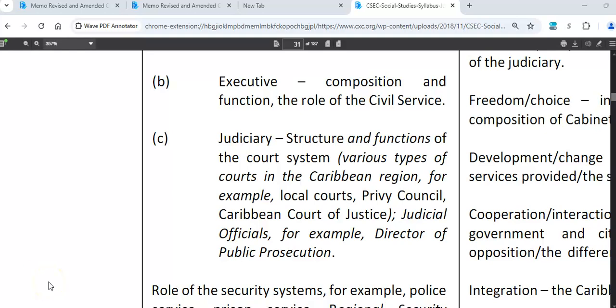So the judiciary system is composed of the various types of courts in the Caribbean region. For example, the local courts, the Privy Council, the magistrate court, the Caribbean Court of Justice, and all the other courts that you can think about, they are a part of the judiciary branch of government. The syllabus is also asking us to look at judicial officials, for example, the Director of Public Prosecution.